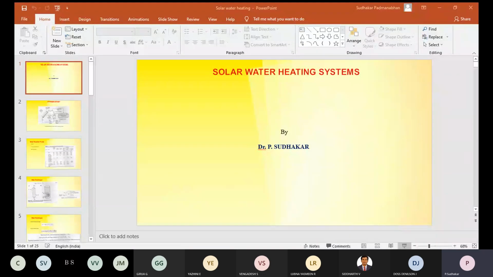When the temperature of the water is lower, the density will be higher and it will go down. Again it moves to the flat plate collector, or any collector used for the heating system, gets heated and goes up again.